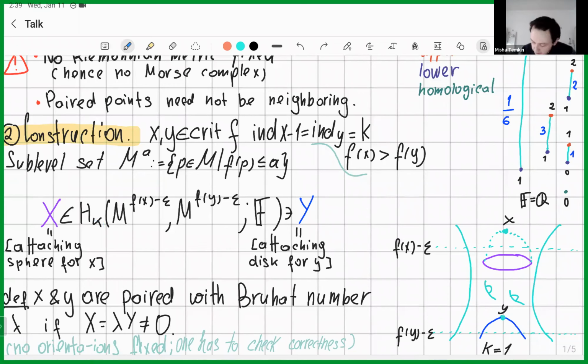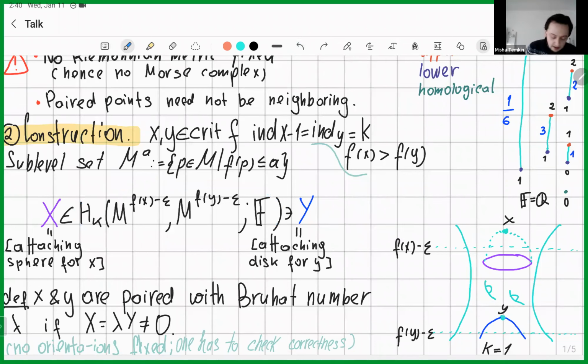This denotes that there may be some critical points in between x and y. I've stated that the paired points need not be neighboring, so there may be some points in between. This is perfectly fine. So in this vector space, I want to consider two homological classes.